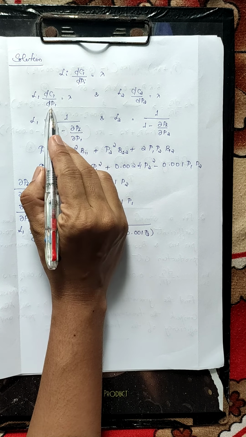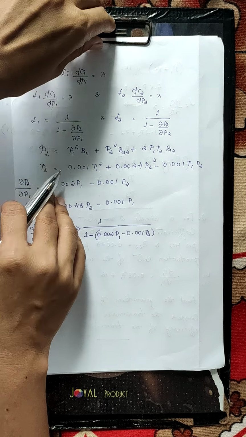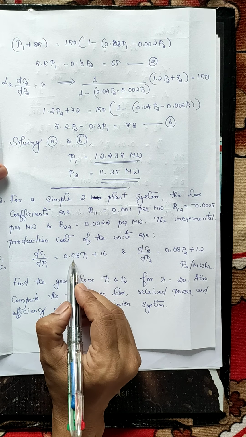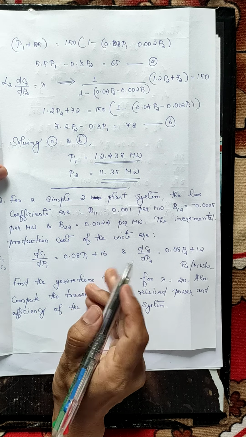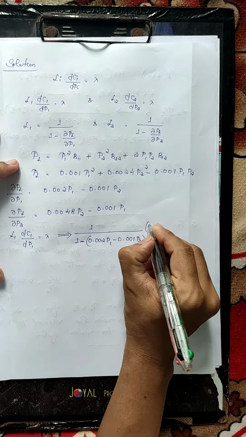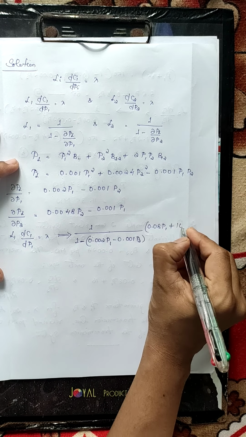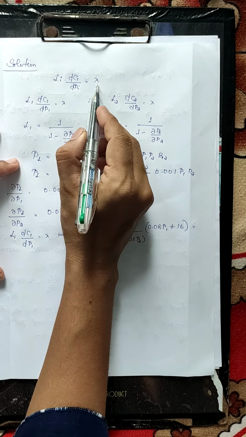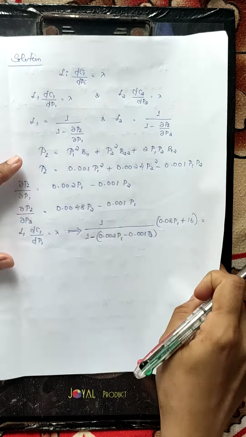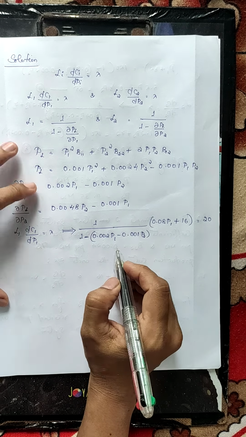So what is dC1 by dP1? So dC1 by dP1 is 0.08 P1 plus 16. So into 0.08 P1 plus 16, which is equal to lambda. So lambda is given as 20, equal to 20. So now simplify this equation.